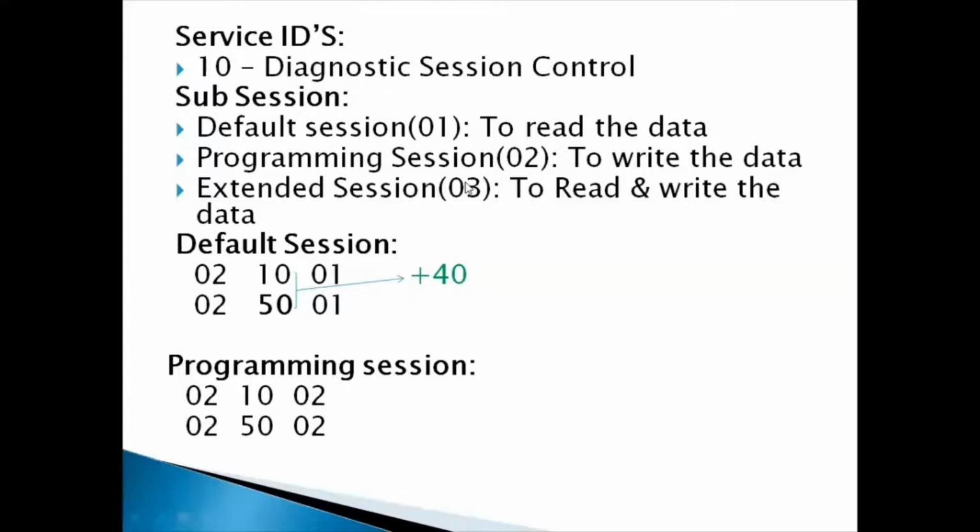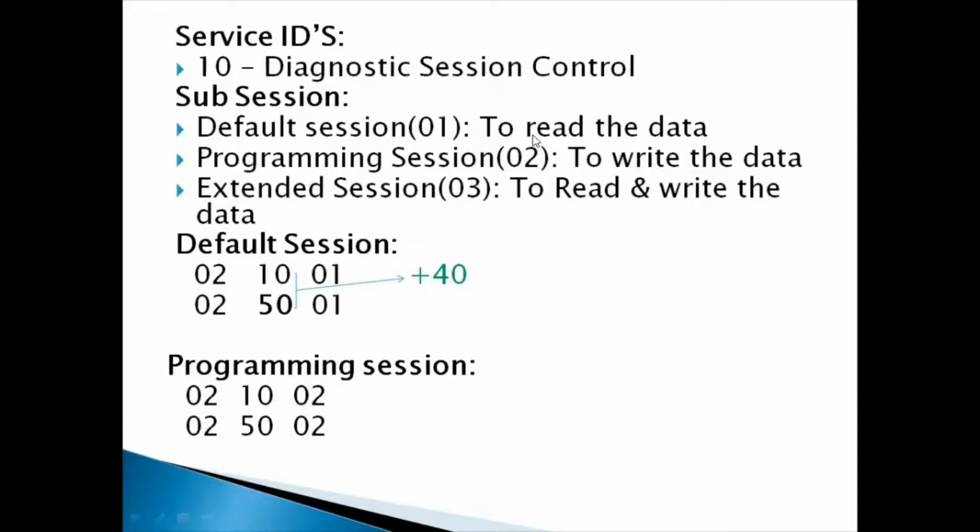Again, in those service IDs, we have some subfunctions also. What is the use of that subfunction? For example, we have the 10 service ID. By using this 10 service ID, we can read the data and write the data, whatever data we require.